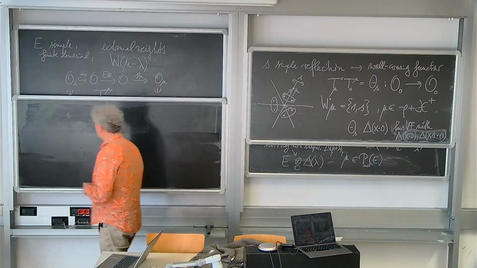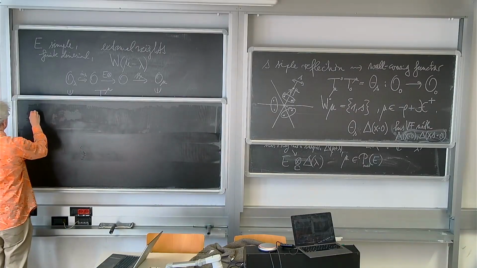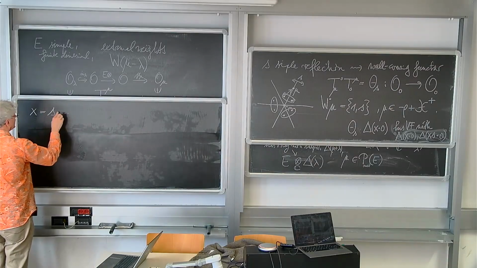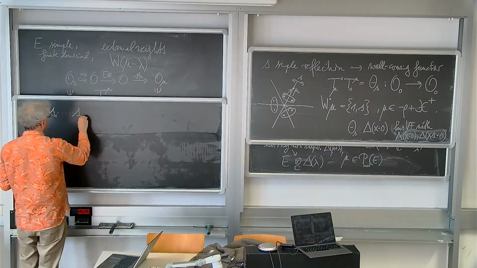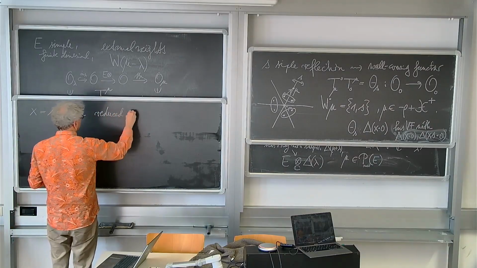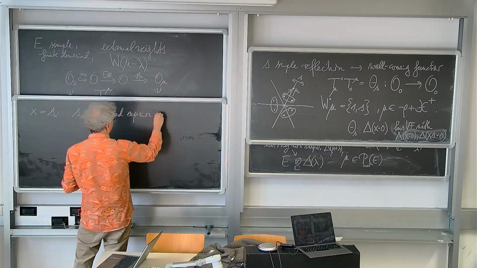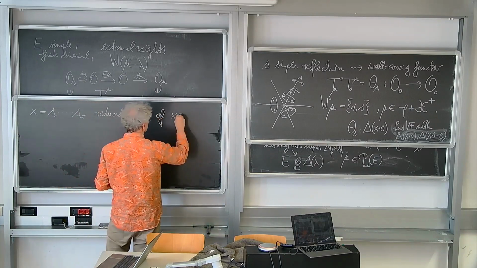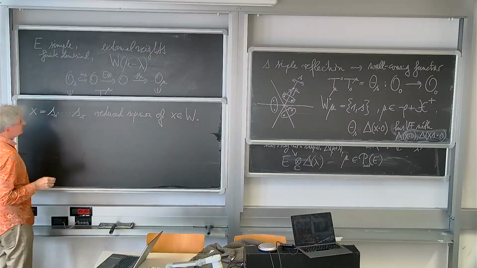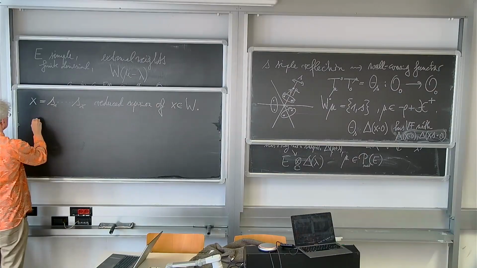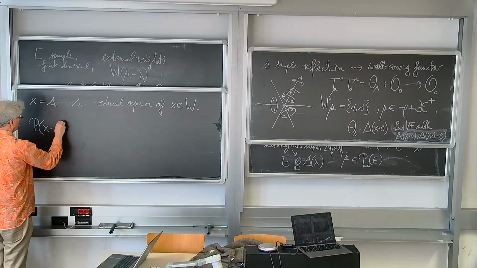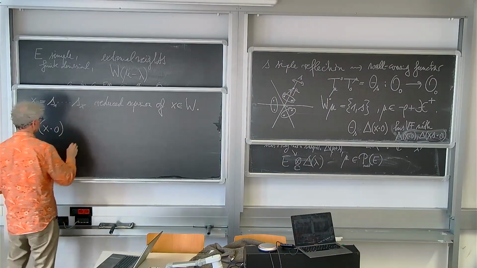So see now, we take, say, x in the Weyl group, and I have here a reduced expression s1 through sr. So this is a reduced expression of x, which is in the Weyl group. And then I would know that the projective cover of x dot 0 could be obtained as follows.